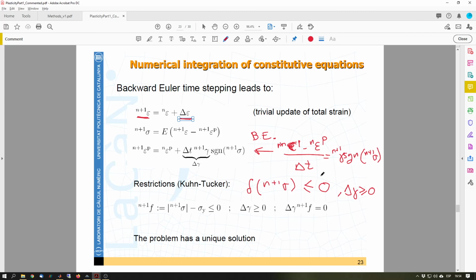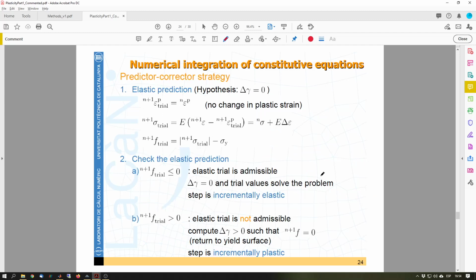All right, how do we proceed? So we do it in a similar manner, with a trial value. The predictor-corrector strategy means let's assume that we are somewhere here, and we are going to go through a step.